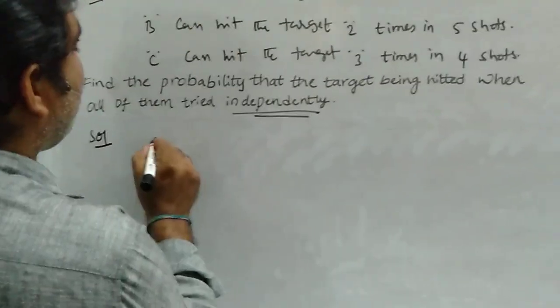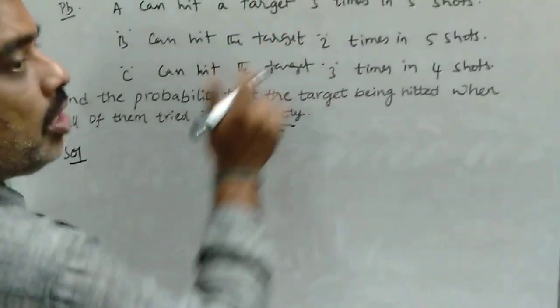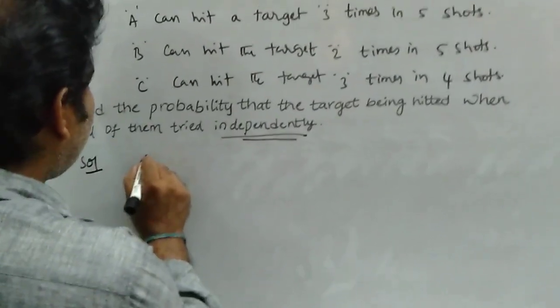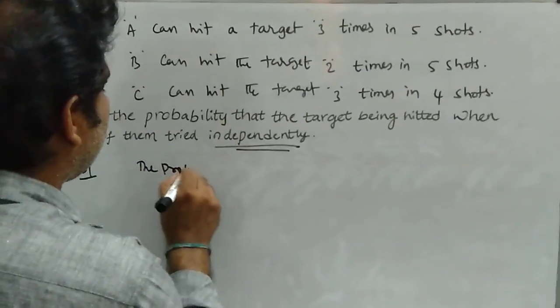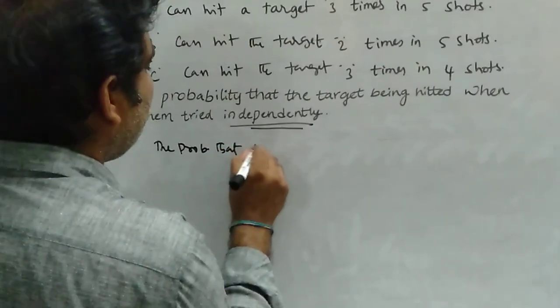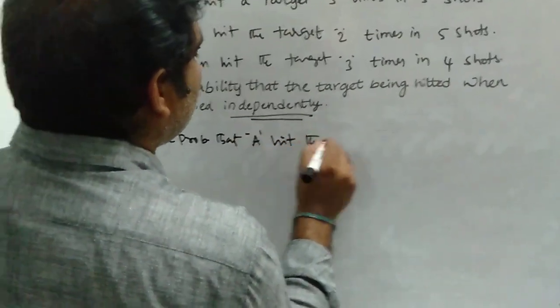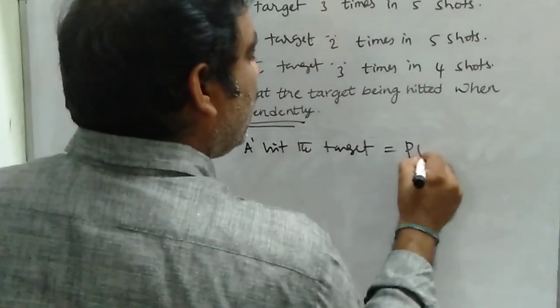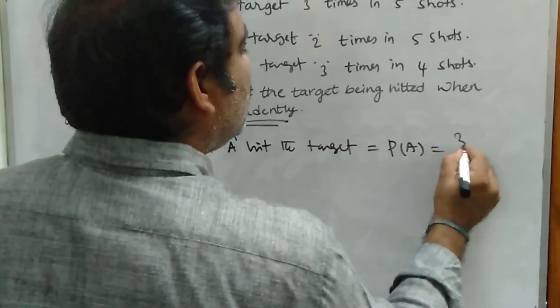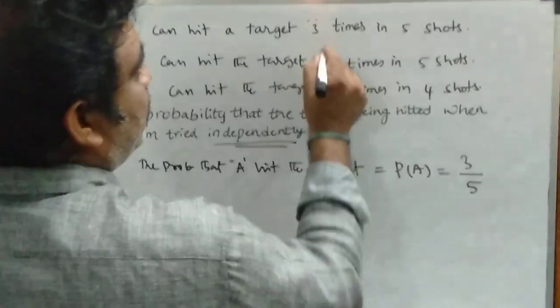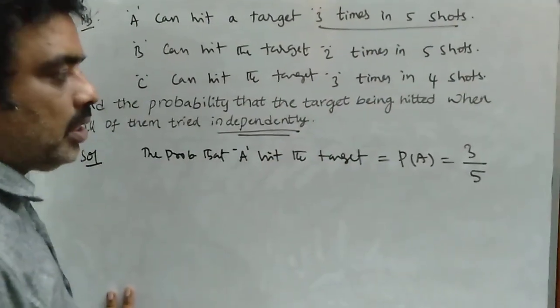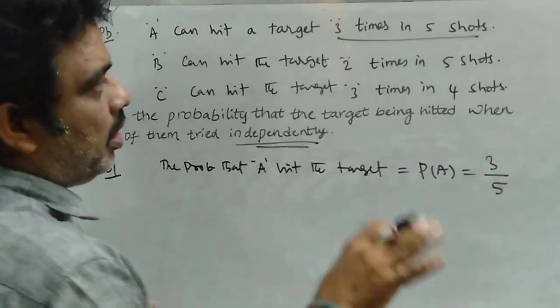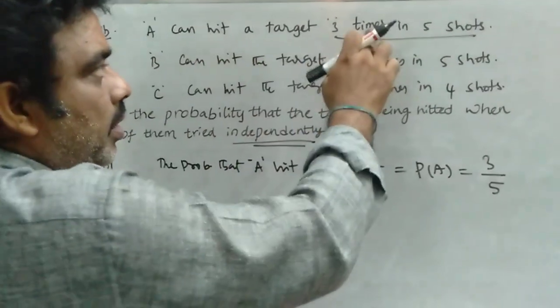The probability that A hits the target is P of A equal to 3 out of 5, 3 times out of 5 shots. If he uses 5 shots, then he will succeed 3 times.